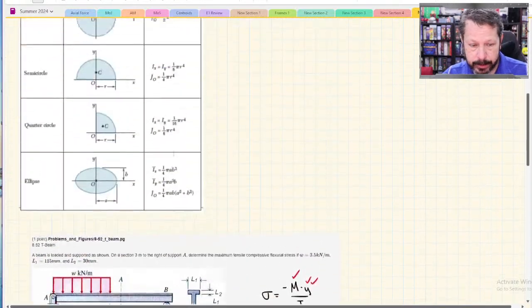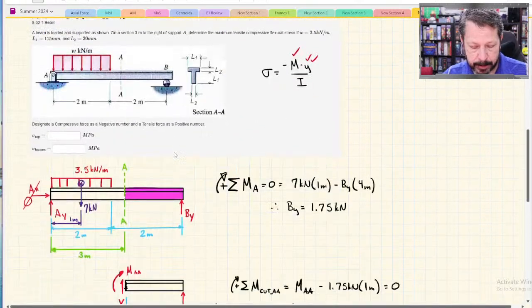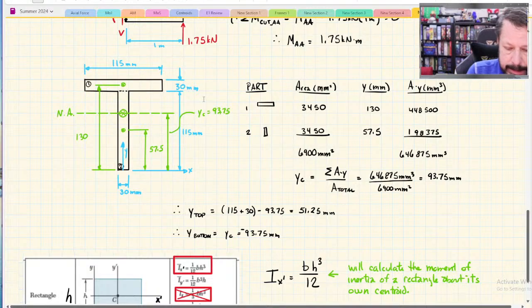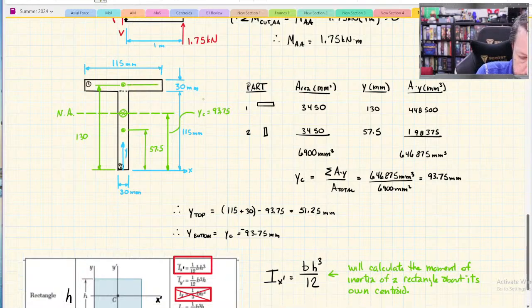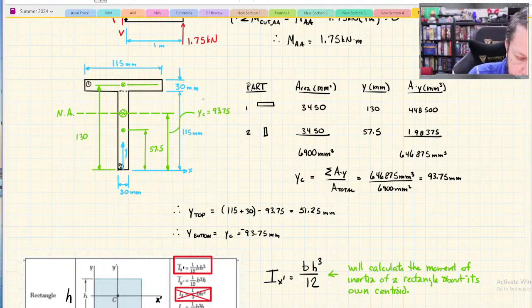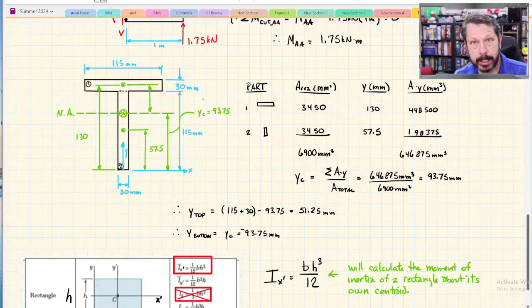I have equations here that will give me the moment of inertia of a rectangle about its own axis, about its own centroid. So I need to take this axis for part 1, and I need to move it down to the neutral axis of the whole shape.